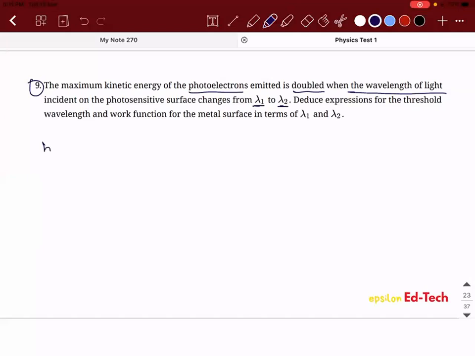So I can write h nu is equal to h nu naught plus Ke max. The maximum kinetic energy is doubled when the wavelength is changed from lambda1 to lambda2. So hc by lambda1 is equal to h nu naught plus K, and hc by lambda2 is equal to h nu naught plus 2K. Did you understand what I did? Why did I change h nu naught?